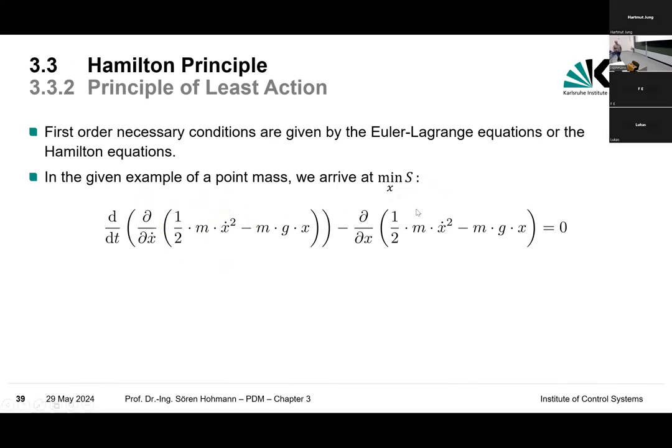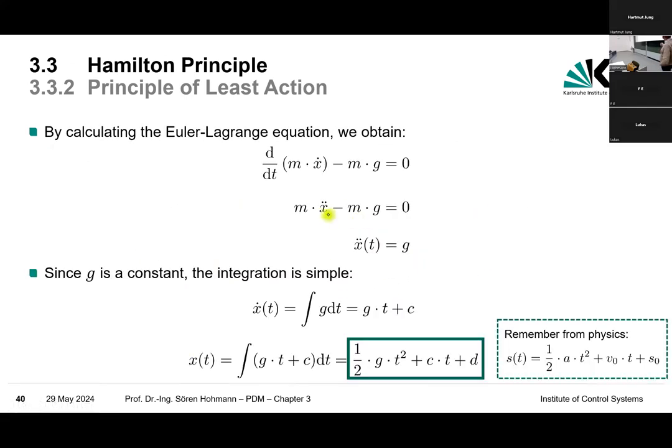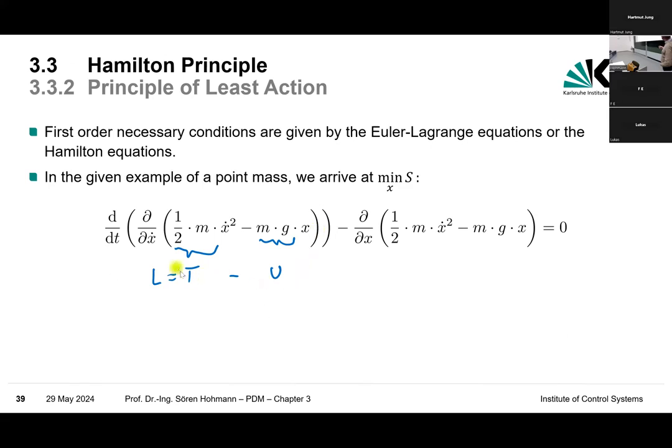Here, L is given. So T minus U is equal to L. So we do the derivatives of that. The very same here. And if we do so, we get the first equation solved. So I go back. Your derivative with respect to x dot. Well, we have the expression here. This does not depend on x dot.